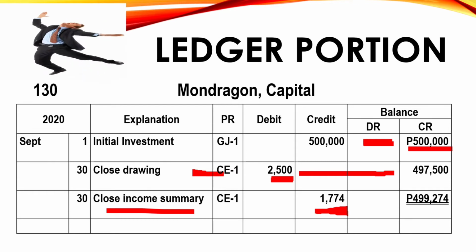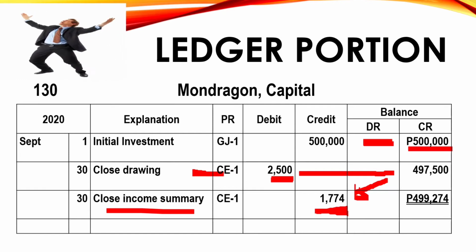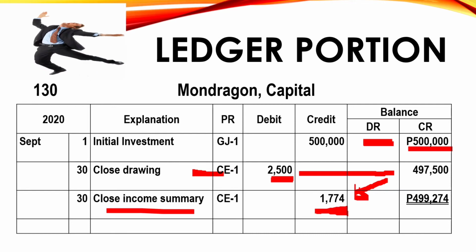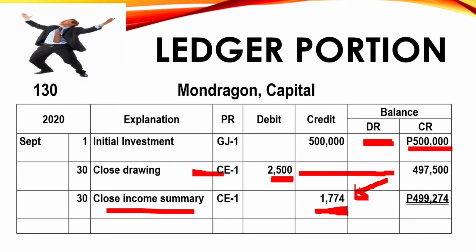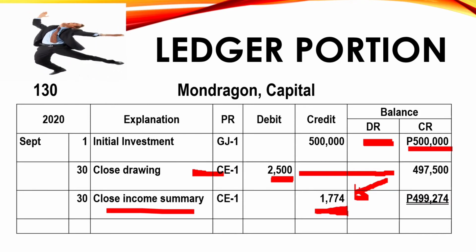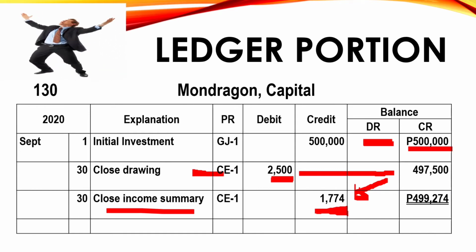After that, since we have the net income of 1,774, our official Mondragon capital will be 499,274. Okay, question. Is there something wrong? Do you remember? Yes, because this 499,274 is the value in the Statement of Changes in Owner's Equity.